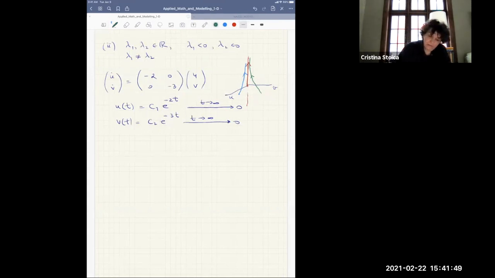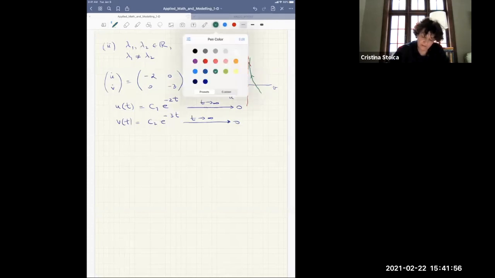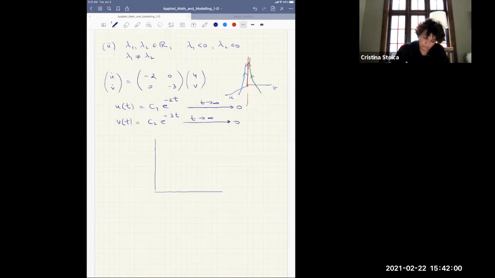Now I'm asking you what kind of equilibrium is this one, right? So if I do it in 3D in the XY world, this is X, this is Y, this is T. And let's say we start here, this is that equilibrium. Okay, it's just a vertical line. It doesn't move from here. And then we start close.